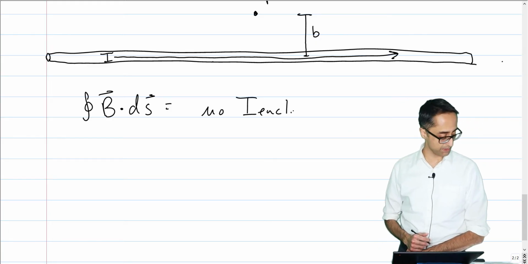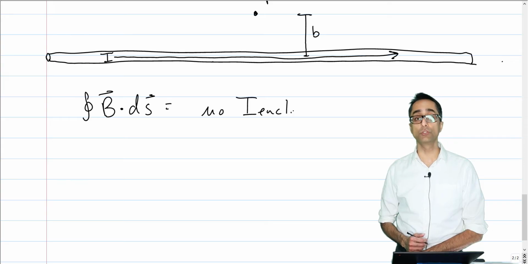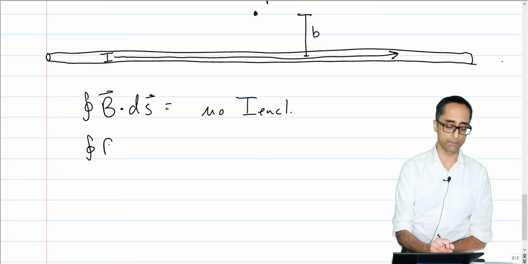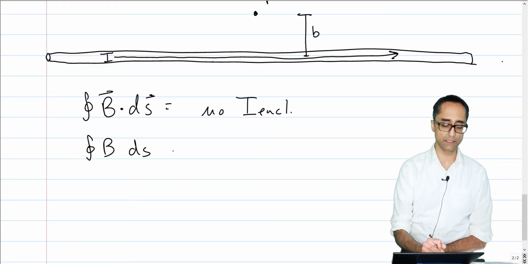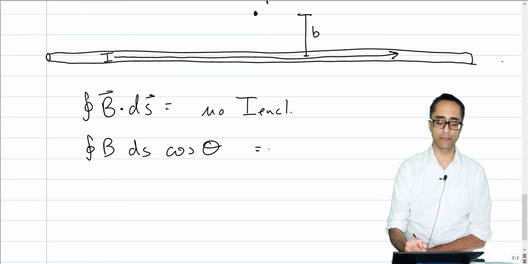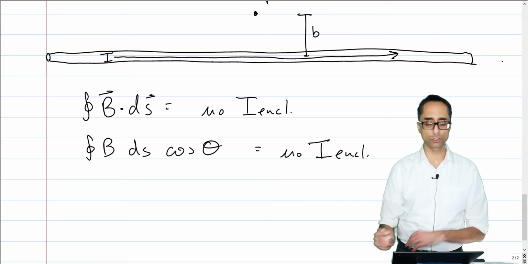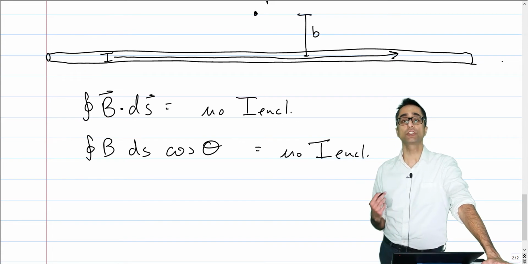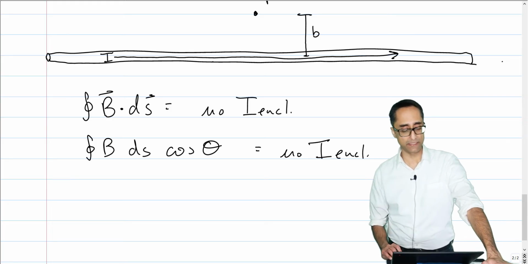Whenever I have a dot product, that's the first thing I want to do, to get rid of the vectors, and I write B ds cos of the angle theta. All right, so I've got to pause here for a second to make sure I understand what each of the terms are. And I think I'm going to draw the theta and I'm going to draw the ds just to make sure that I get what's happening here.